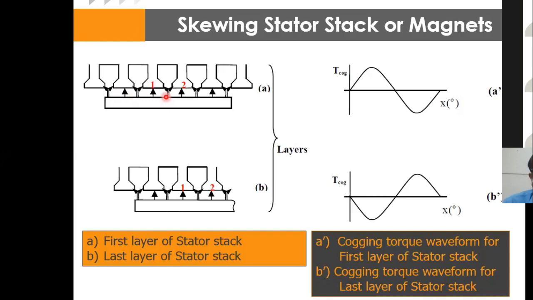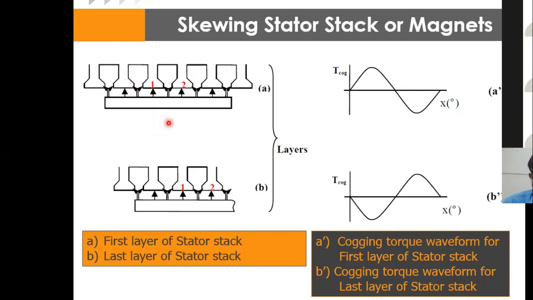These stacks are put together to make a single core, just like your book. A number of papers are bound to make a textbook or a note, right? In a similar way, a number of stacks are made into a single core. So what we should do is give a small inclination, which is called skewing. It should be in a tapered way.